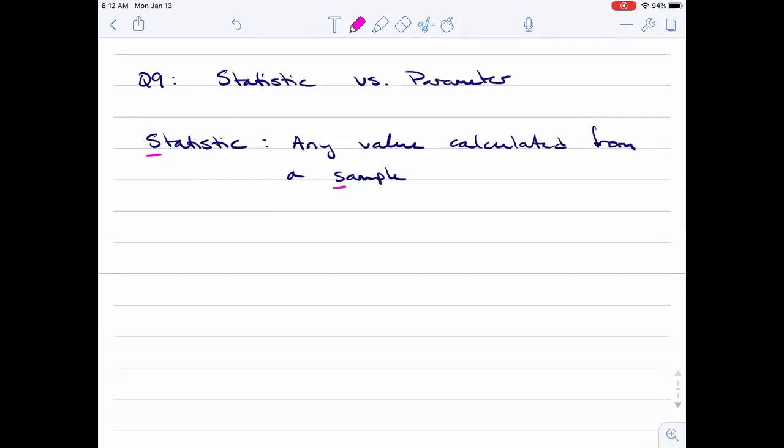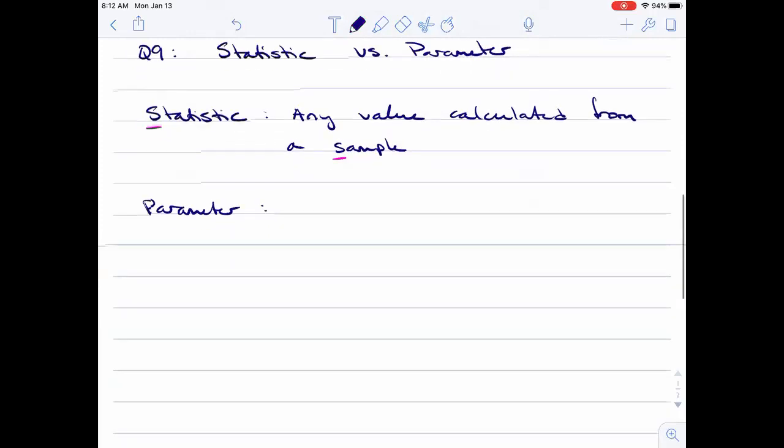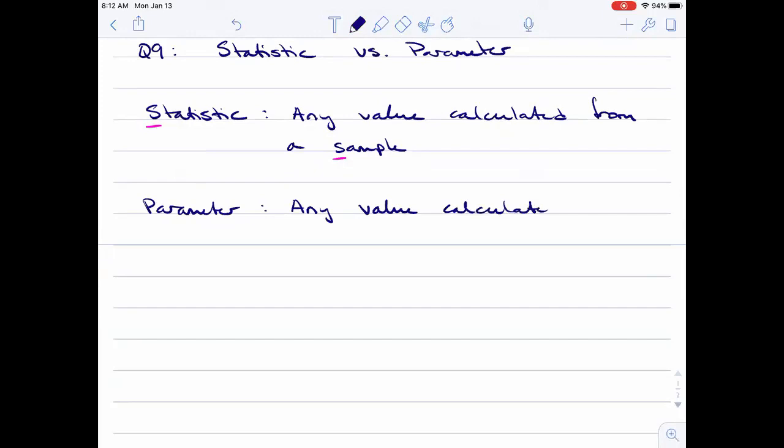So a parameter is any value calculated from a population. Any value calculated from a population.